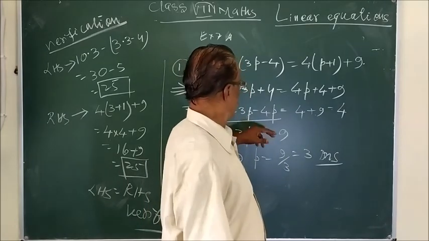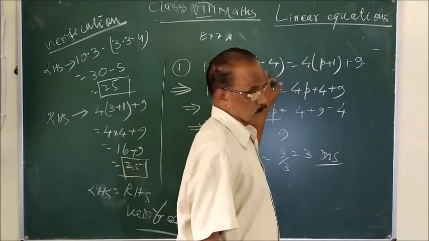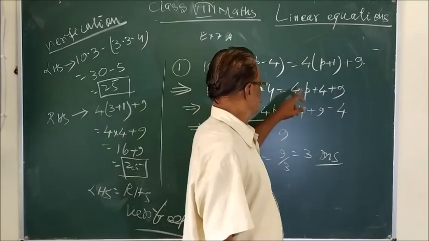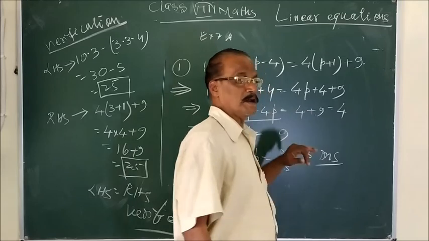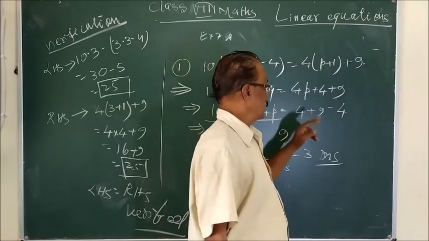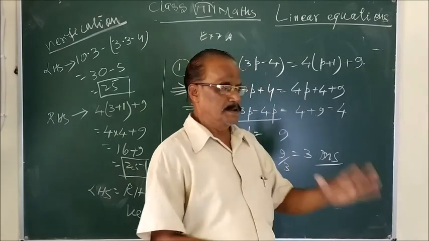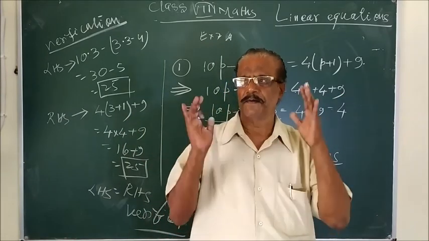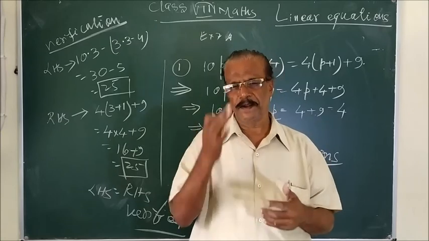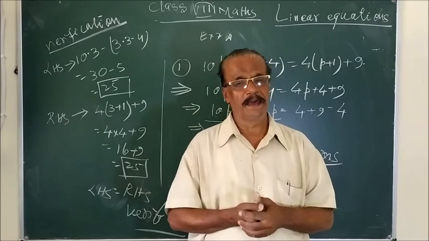Now दूसरा चीज है if same number is added to both sides and same number is subtracted from both sides, and if both sides are divided by same number and if both sides are multiplied by same number, the results remain unchanged. That's all for today, and you will try to solve 7a.